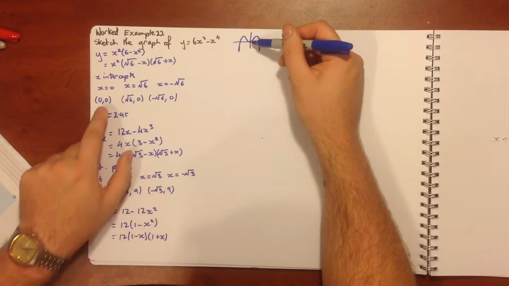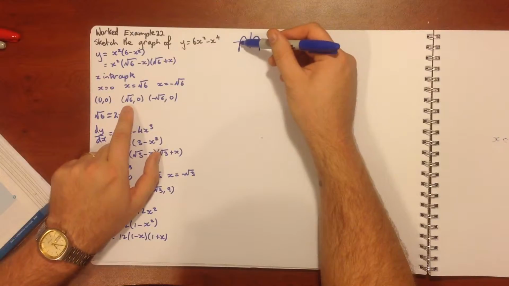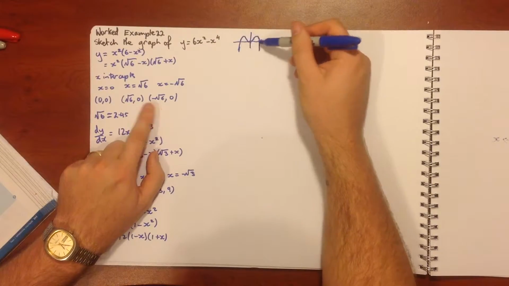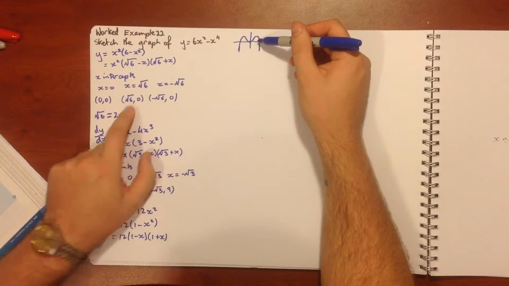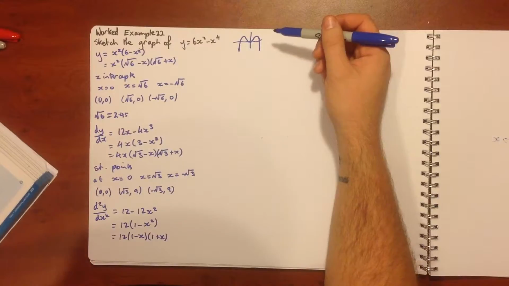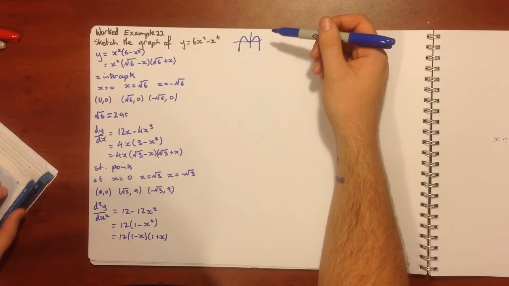Again, we know we go through (0, 0). This would be our (-√6, 0) and this would be our (√6, 0). So we've really got a good idea of what's happening here, so we don't need to worry about doing too much more.